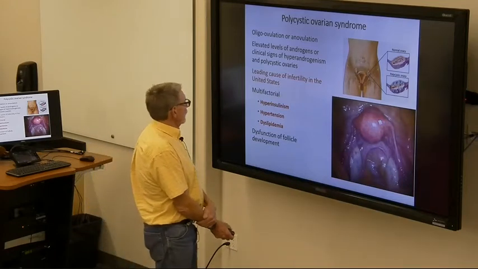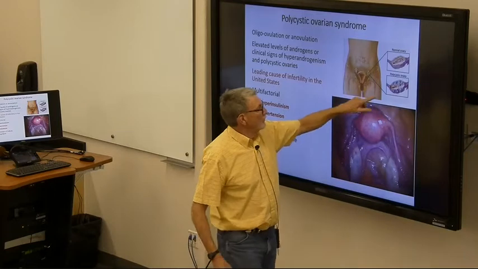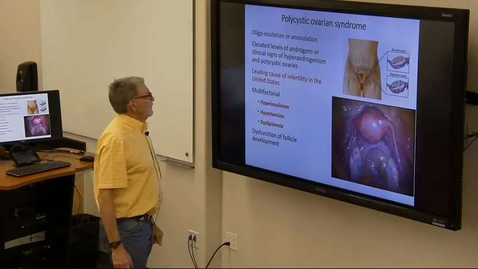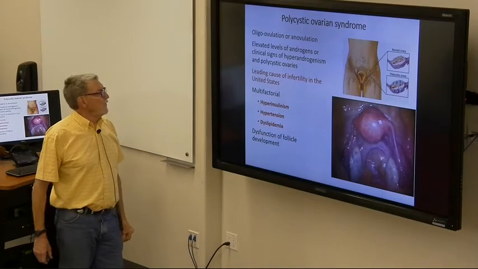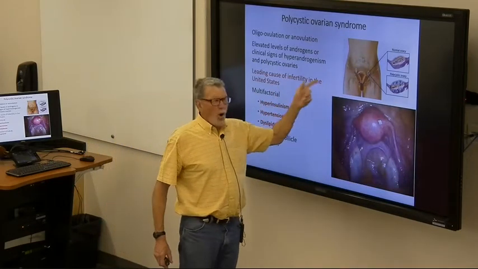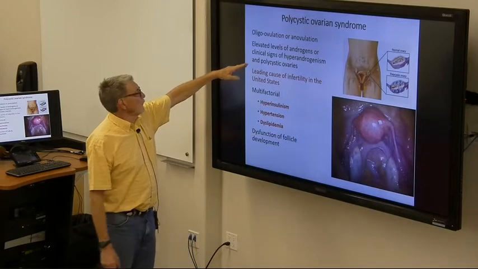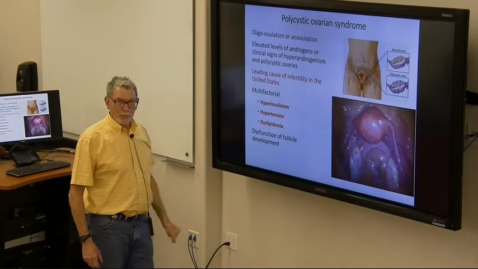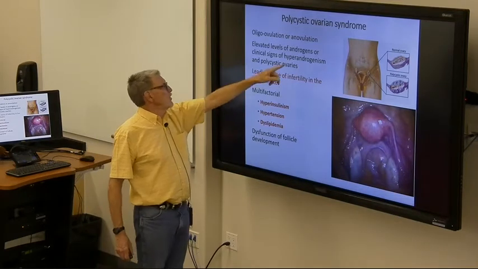Polycystic ovarian syndrome is cysts in the ovaries, and as it says, leading cause of infertility in women in the United States. It's caused, or at least exacerbated, by hormonal levels that are wrong, too much androgen production, hyperandrogenism.